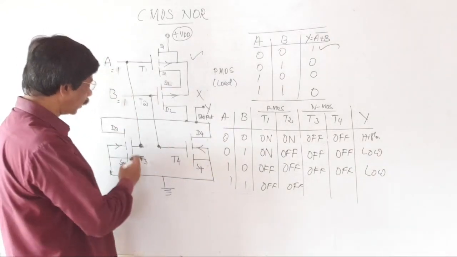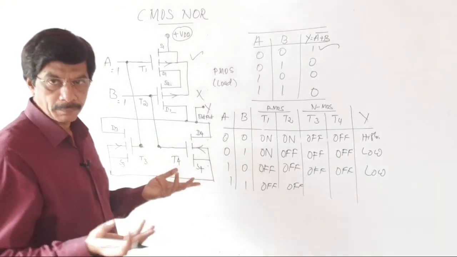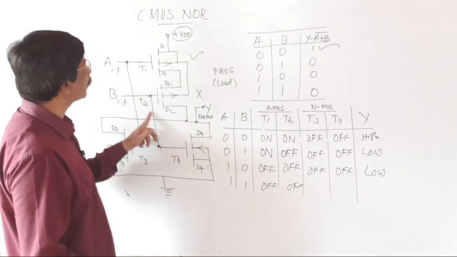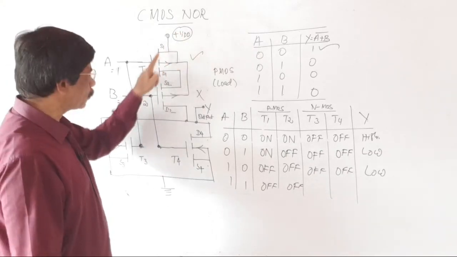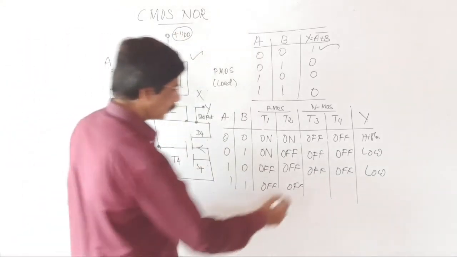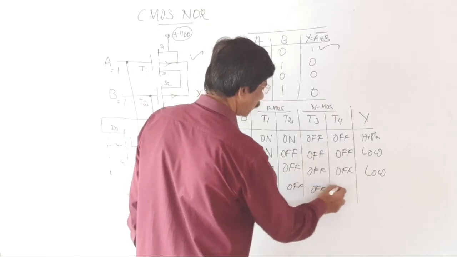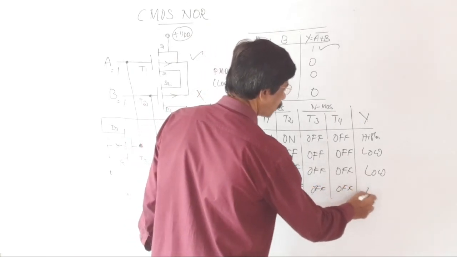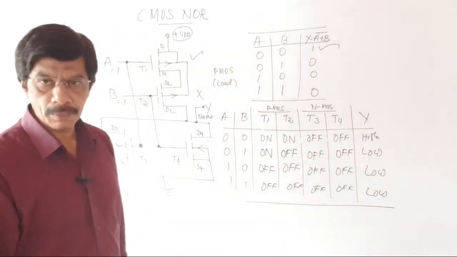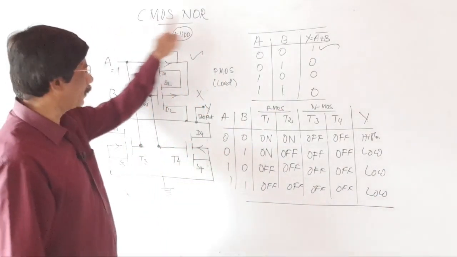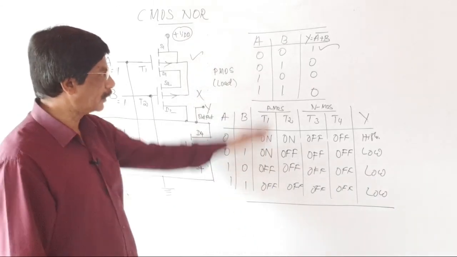Even though the inputs are present, they won't conduct because they won't get positive power supply from VDD. Since these two are acting as open, this is off and this is also off, the output is equal to low. This is the operation table of the CMOS NOR gate. This satisfies the truth table.